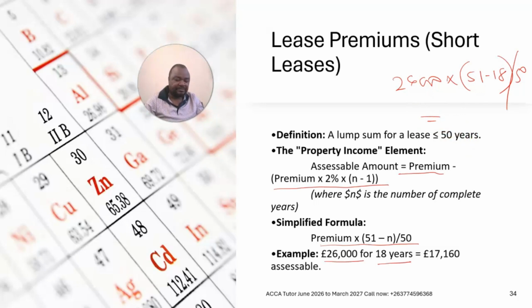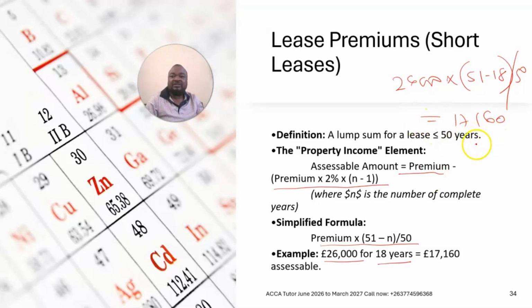Let me try to use this calculator of mine. 51 minus 18, that's 33. 33 over 50, that's 66%. 66% multiplied by 26,000, that's 17,160.